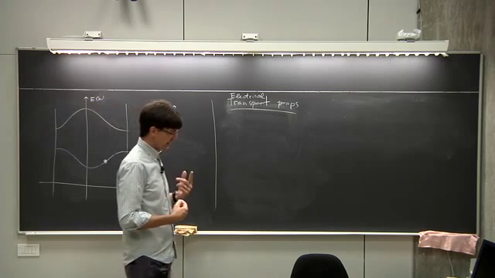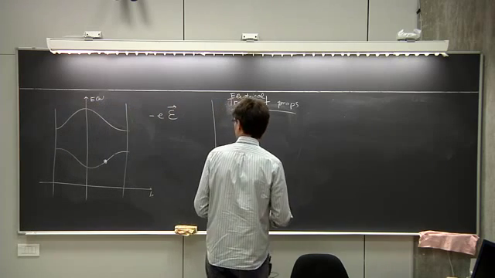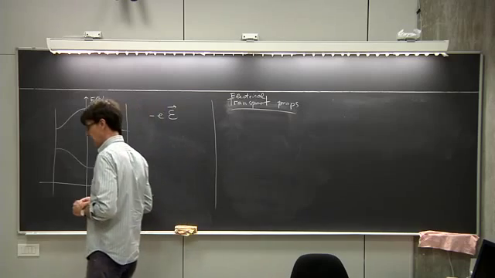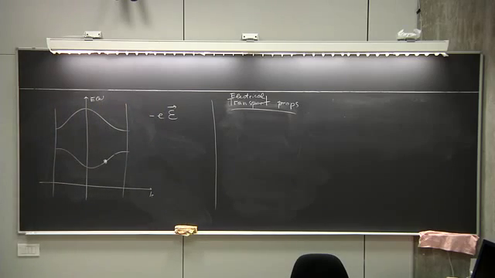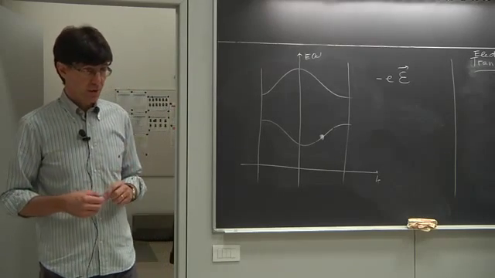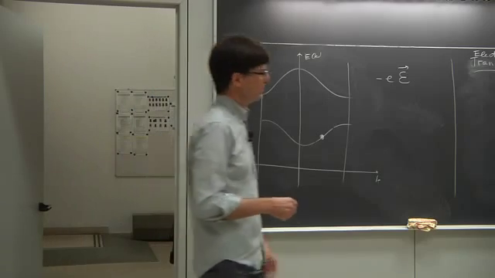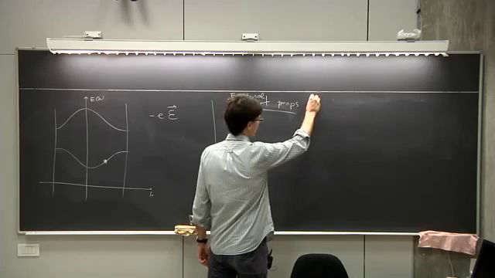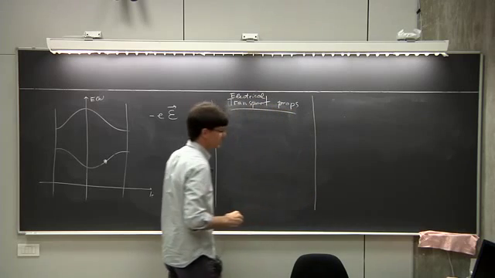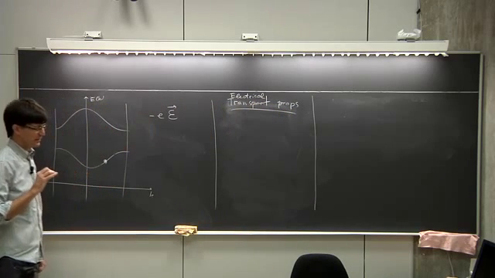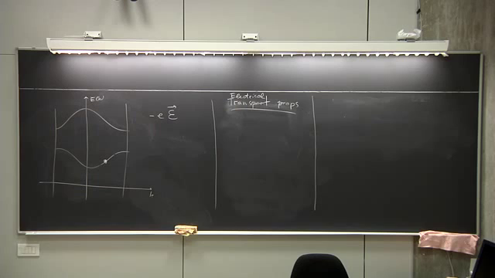Now, before I discuss this phenomenon, I need to discuss an important property of band structures. So let me use this corner of the blackboard to discuss an important relationship that is going to be very useful for our purposes.